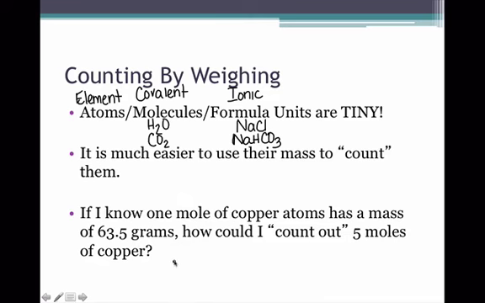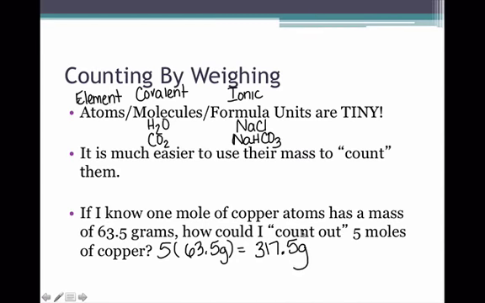If I know 1 mole of copper atoms has a mass of 63.5 grams, how could I count out 5 moles of copper? Well, I know I need 5 moles of copper, and each mole of copper is 63.5 grams. So if I just took 5 times 63.5 grams, and when I multiply that, I get 317.5 grams.